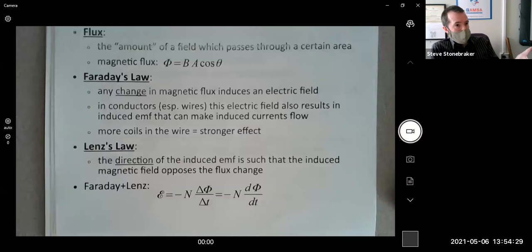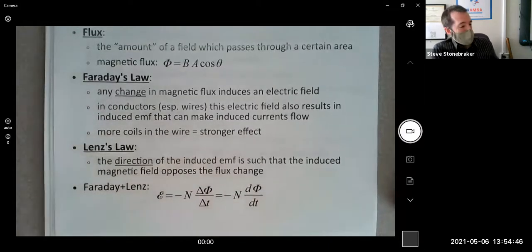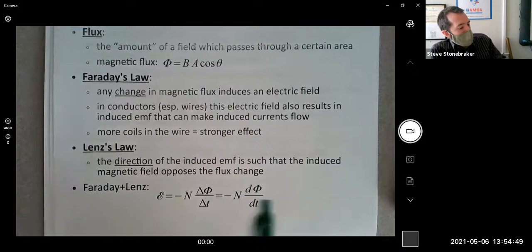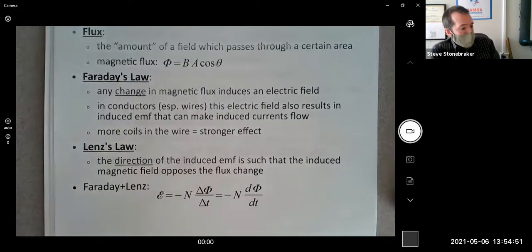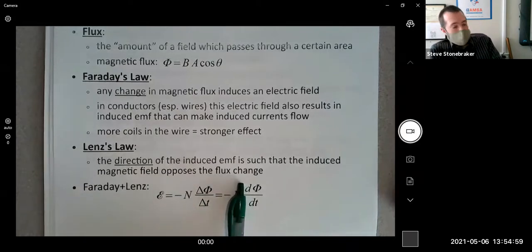I have my starting field, but when it causes current to flow in the coil, there's going to be a secondary magnetic field of that flowing current. So that's induced as well. I induce a current, and the induced current has its own magnetic field, which is also induced. And that induced magnetic field always is going to be in opposition to whatever change started the whole process in the first place.